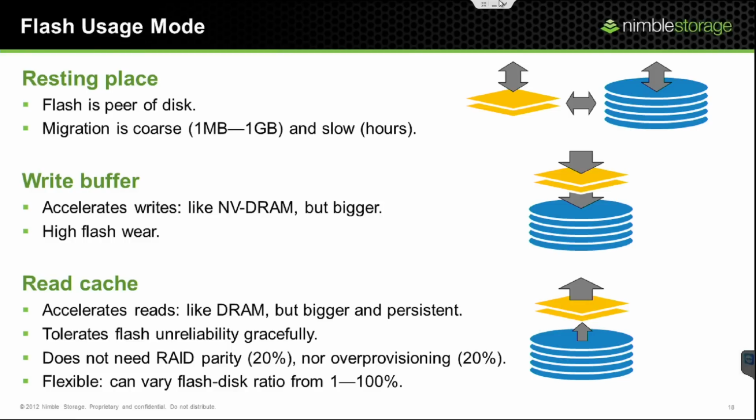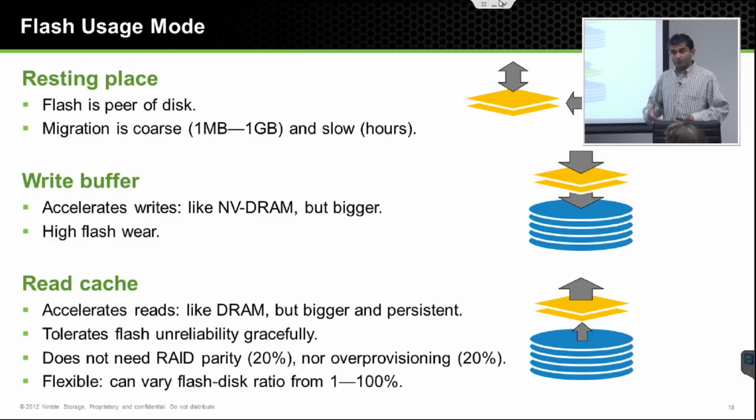So I'm going to assume that this combination of flash and disk has the promise of providing the best of the two worlds, and then look at what different ways there are to use this flash.